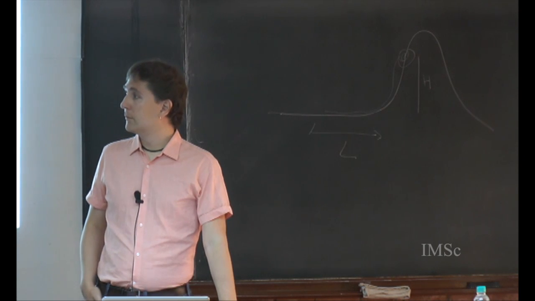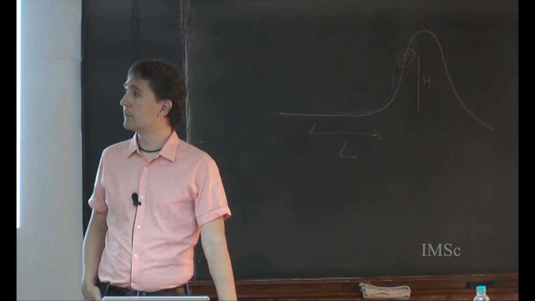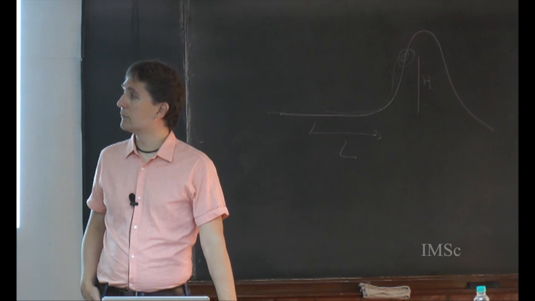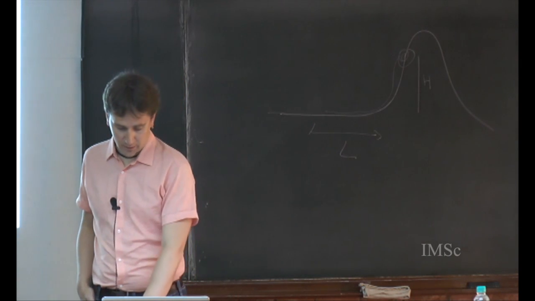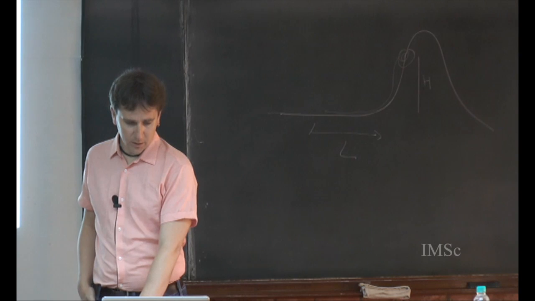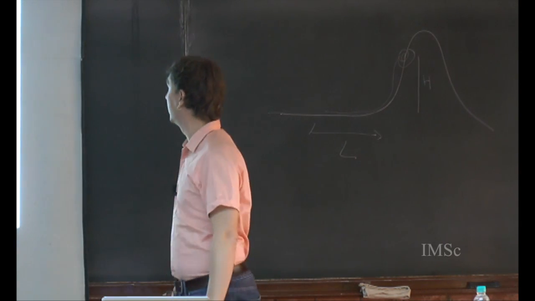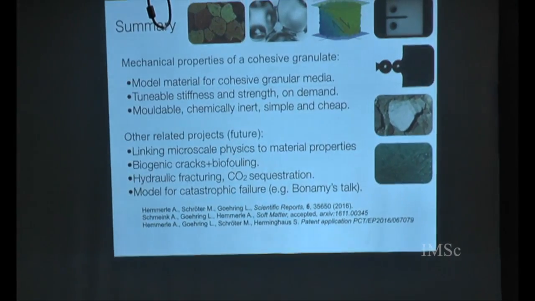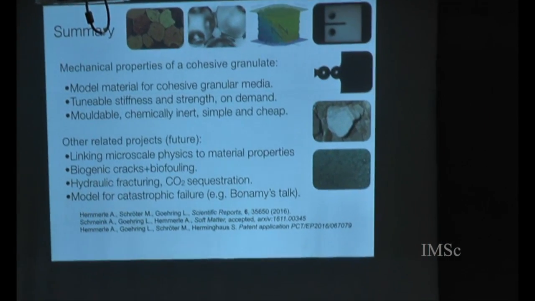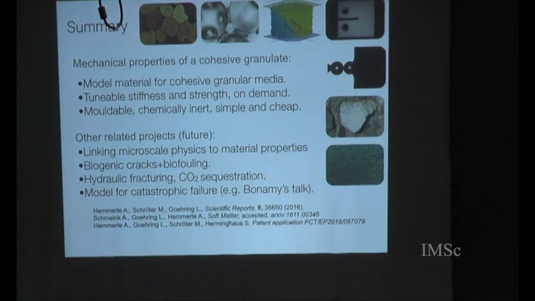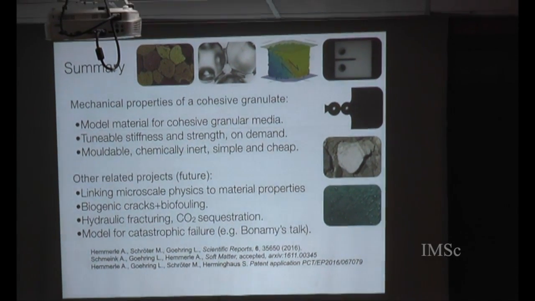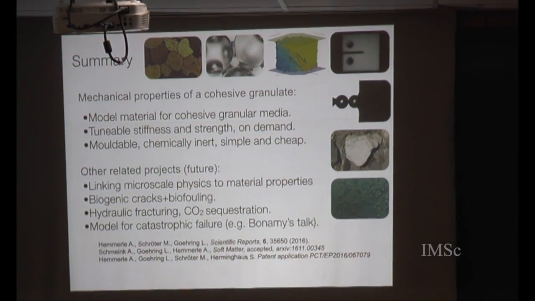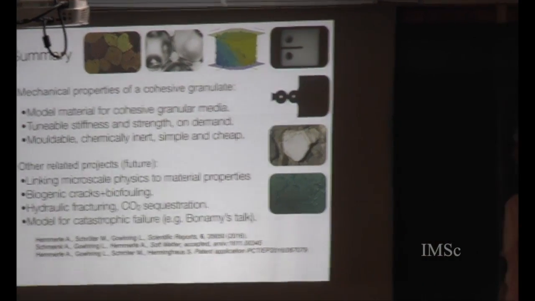What's the connection of these things with hydraulic fracture? As I said, the idea is to use this as a model material. It's known that if you add a polymer to the water that you're injecting, it actually makes it easier to fracture porous materials.